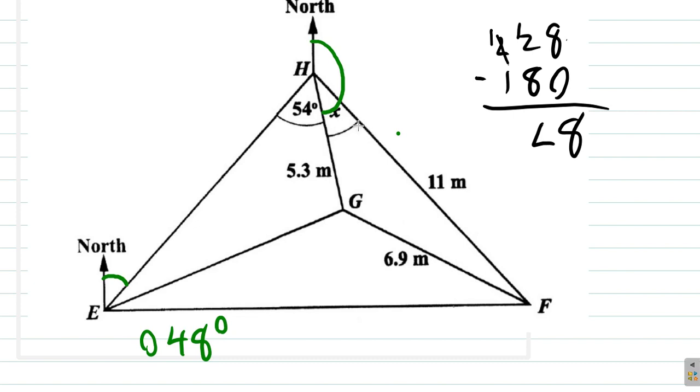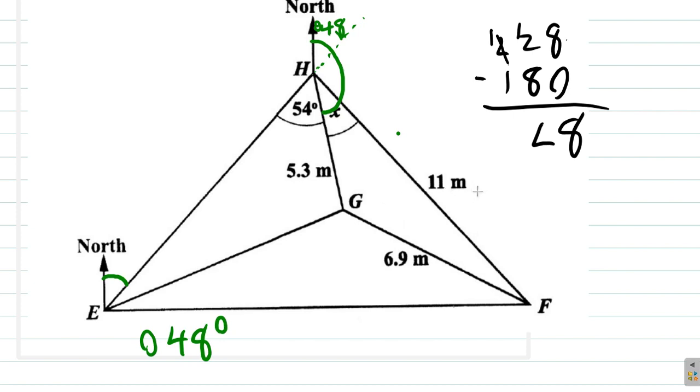Now, the angle that we found earlier is 48 degrees, 048. And X, what did we get for X? I think we found X earlier. What was X again?